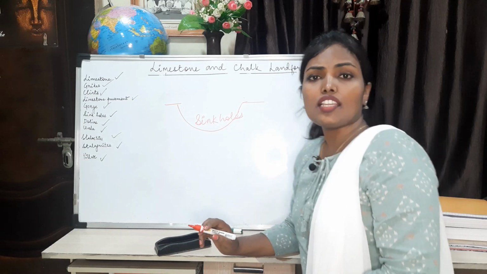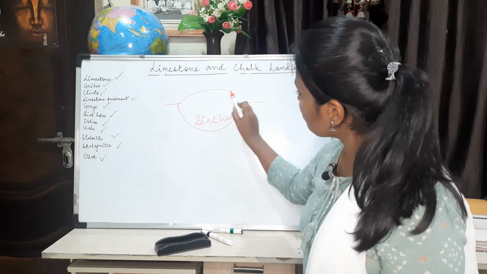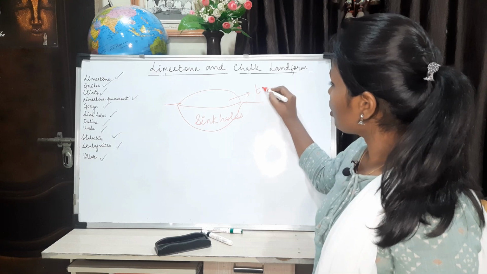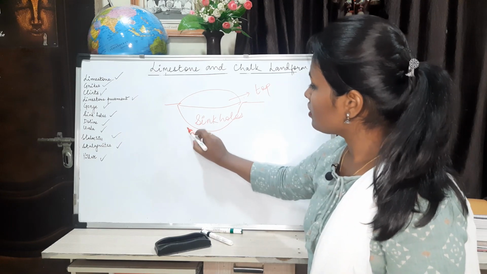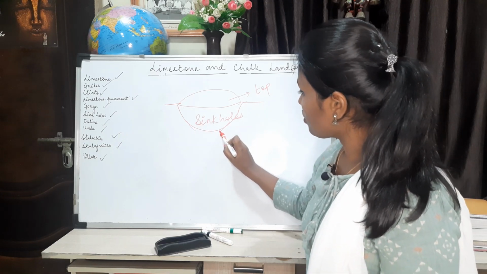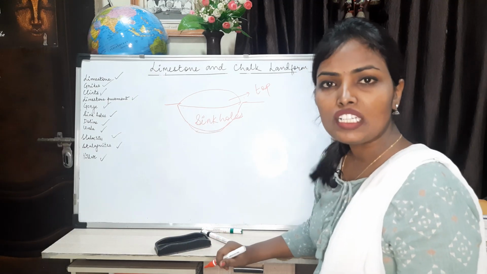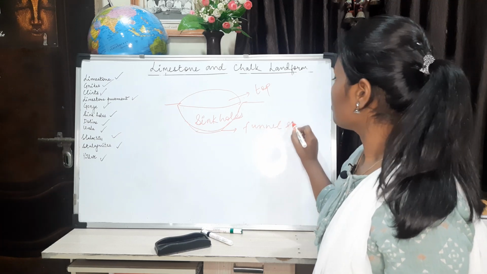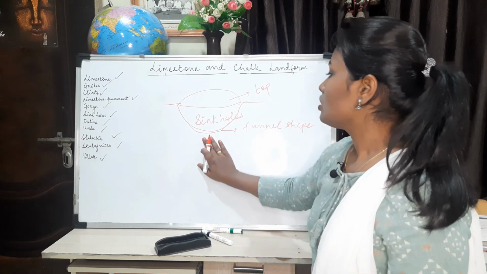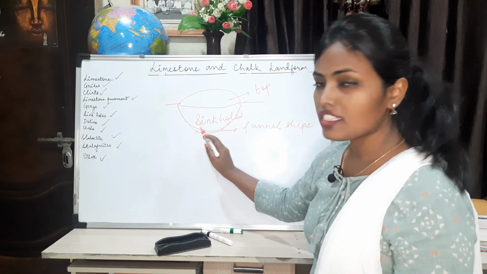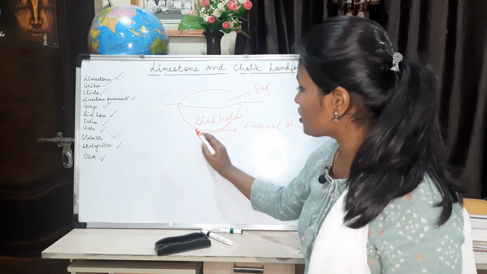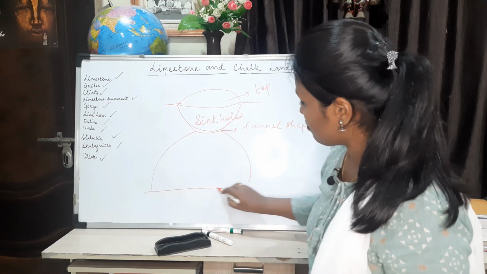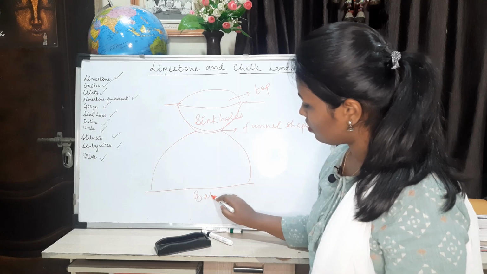These sinkholes are more circular on the top portion and funnel like, narrow at the bottom and wider at the top. So this is called a funnel shape. Now taking an example where the cave also comes into the picture, the cave is right below this sinkhole, and this is the base of the cave.